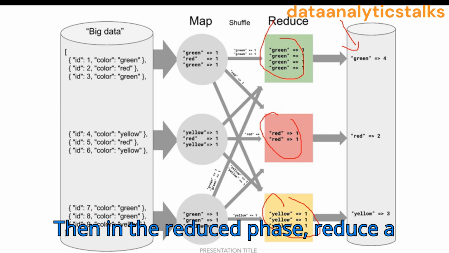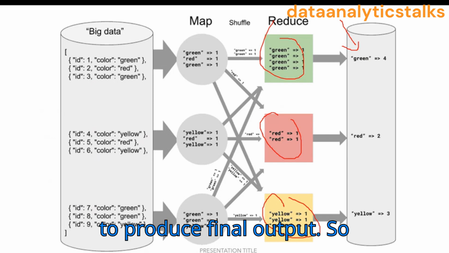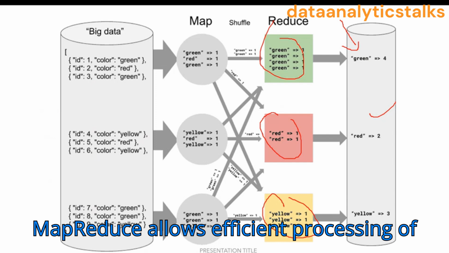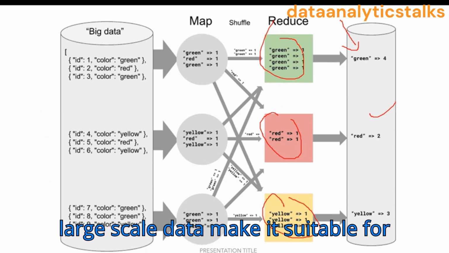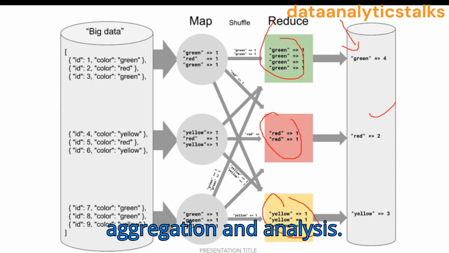Then in the reduce phase, reducer tasks process the grouped data. The reducer function aggregates and processes the data to produce the final output. So MapReduce allows efficient processing of large-scale data, making it suitable for tasks like data transformation, aggregation, and analysis.